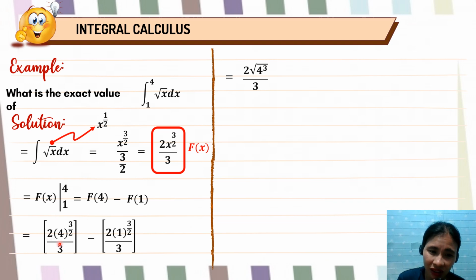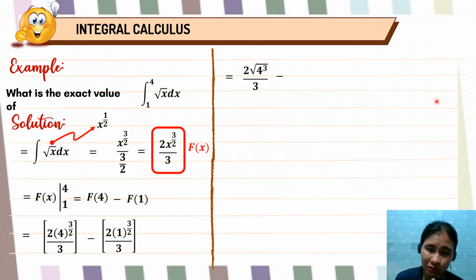In changing an exponential form with a fractional exponent, the denominator is the index or the root, and the numerator is the exponent of our base. I have prepared a video regarding this one, so you may watch that video on changing radical to exponential form and vice versa to have a refresher.